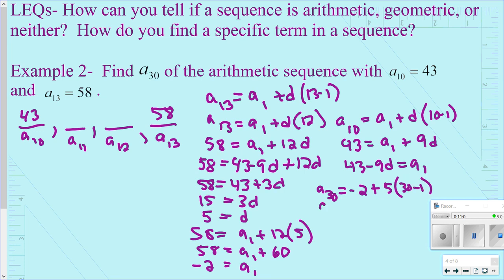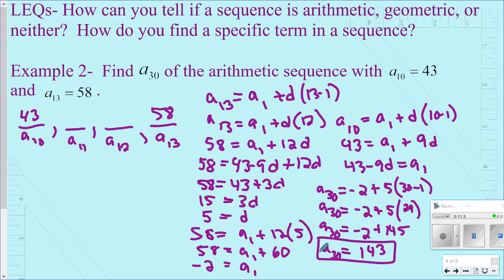So the 30th term is equal to negative 2 plus 5 times 29, which means negative 2 and 5 times 29 is 145. So plus 145. 145 minus 2 is 143. That is the 30th term.